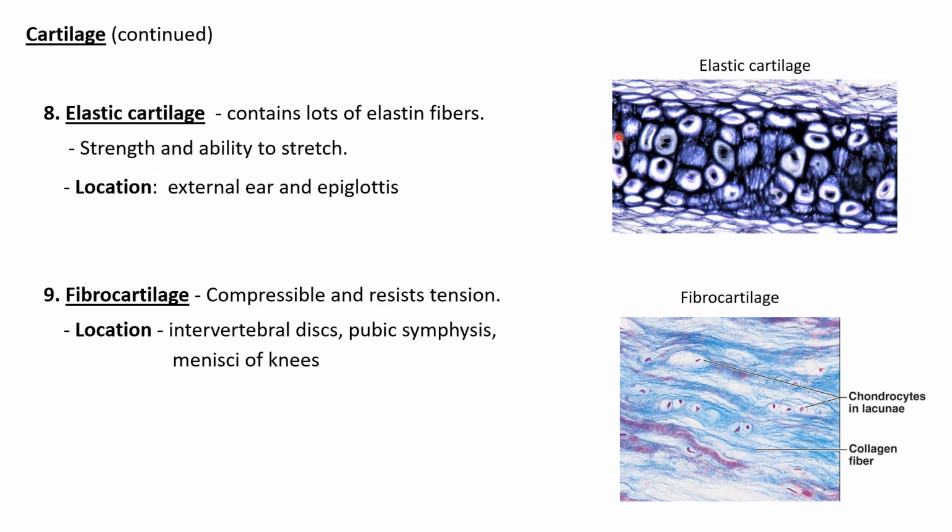Elastic cartilage contains a lot of elastin fibers, okay, but you can tell it's elastic cartilage and not elastic tissue because it has chondrocytes in the lacunae, and then between it, it has all these elastin fibers. There might be elastic tissue on either side. So this has strength and ability to stretch and go back to the original position, and this is external ear and epiglottis.